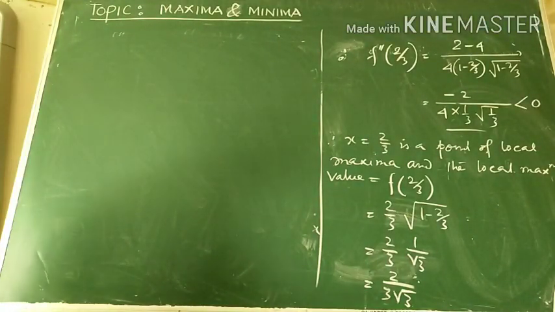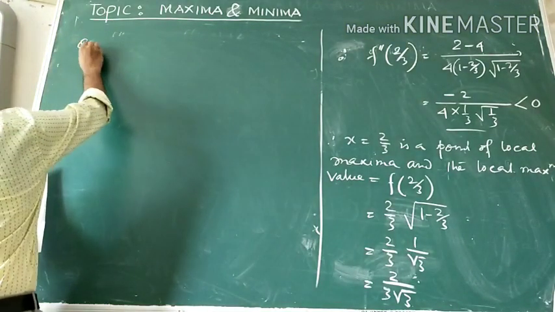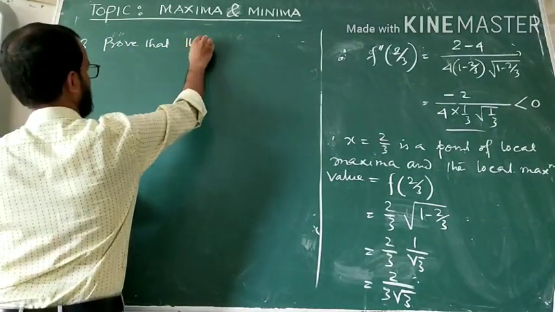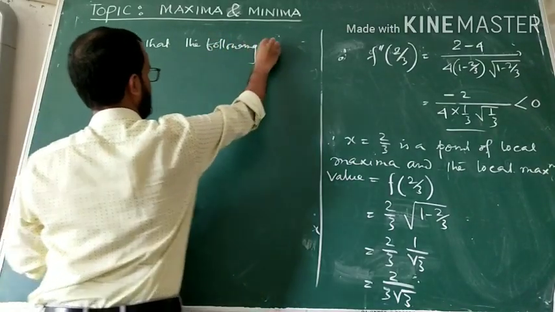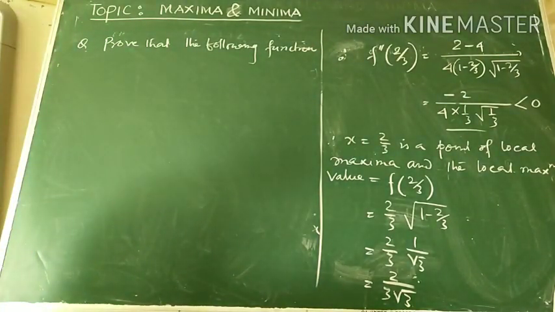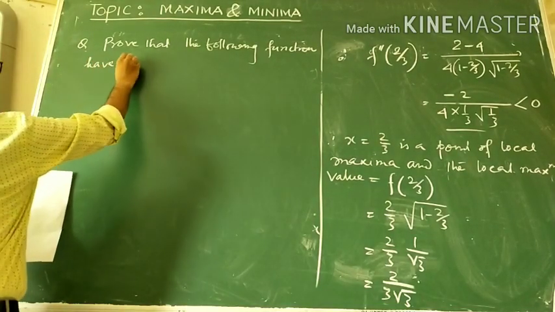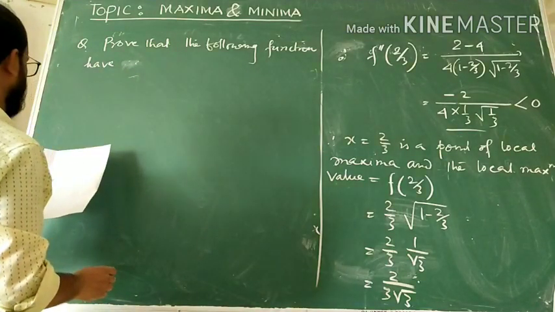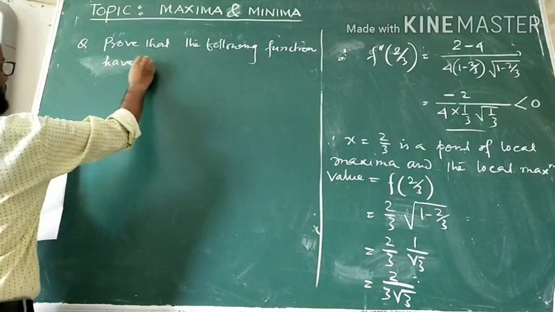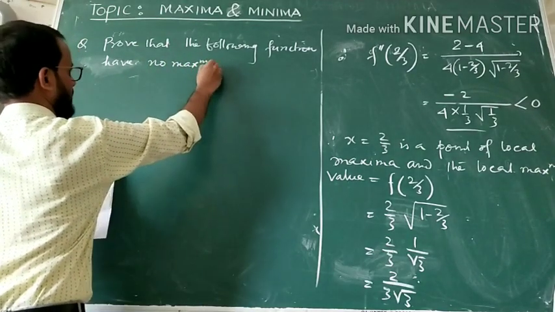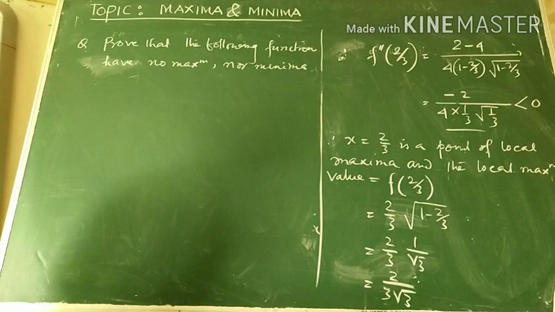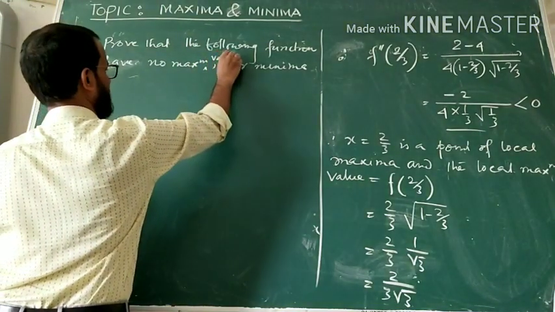The question is: prove that the following functions have neither maxima nor minima, that is, no maximum value nor minimum value.